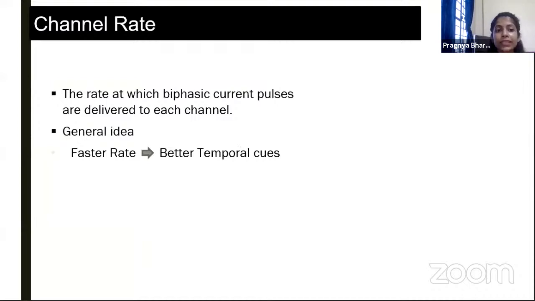Next, coming to the channel rate. The channel rate, as the name itself suggests, is the rate at which biphasic current pulses are delivered to each of the channels.